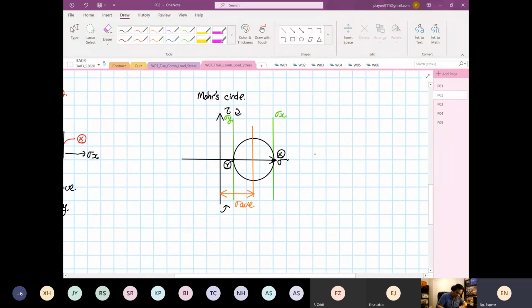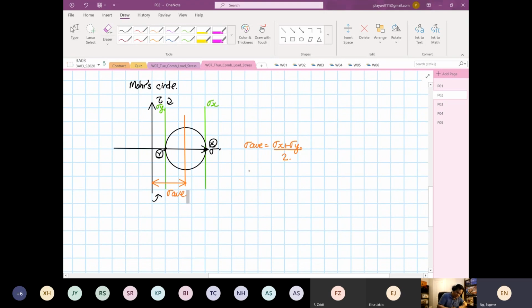So for this case, stress average is equal to stress X plus stress Y divided by 2. And remember, the normal stress X and normal stress Y are vectors. So you have to include the sign. Some students forget.